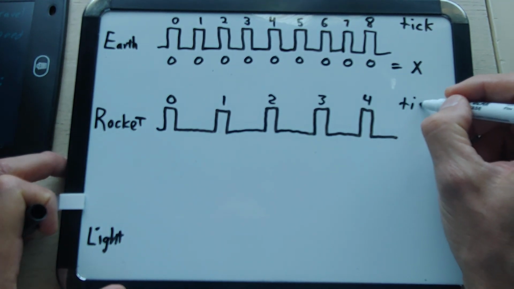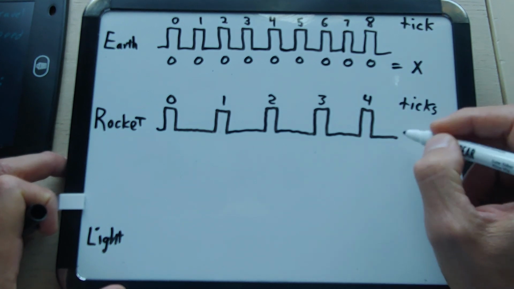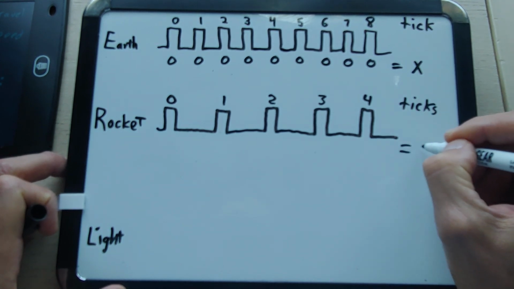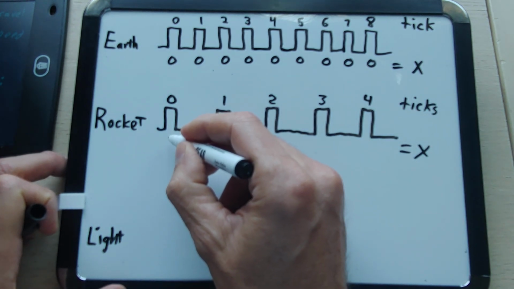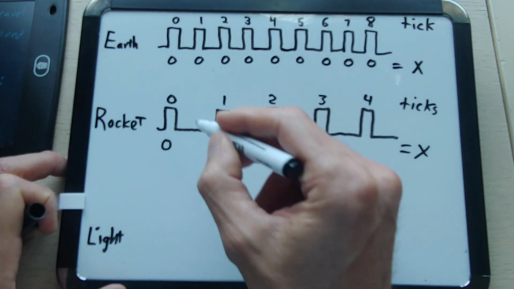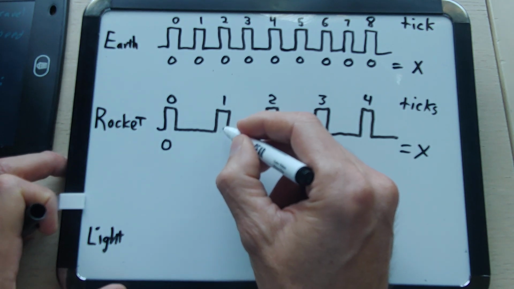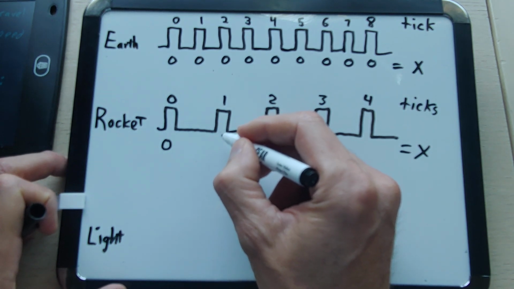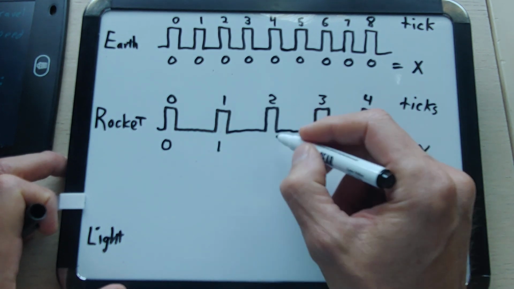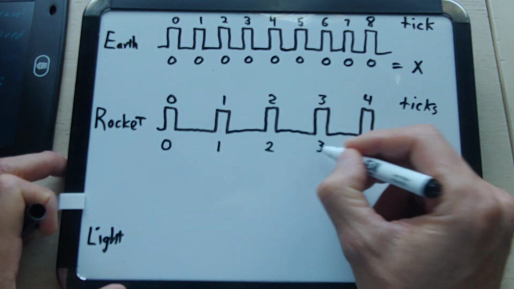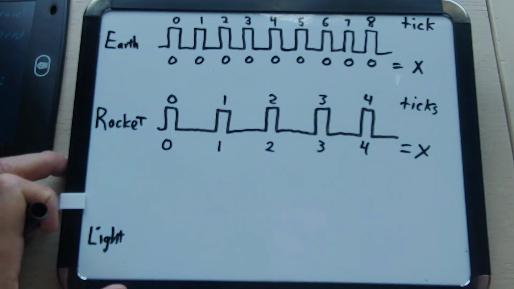So those are his ticks. And his X position, he's going very fast now. He starts at X position equals 0, but at his tick number 1, he's going to be at 1, 2, 3, and 4.